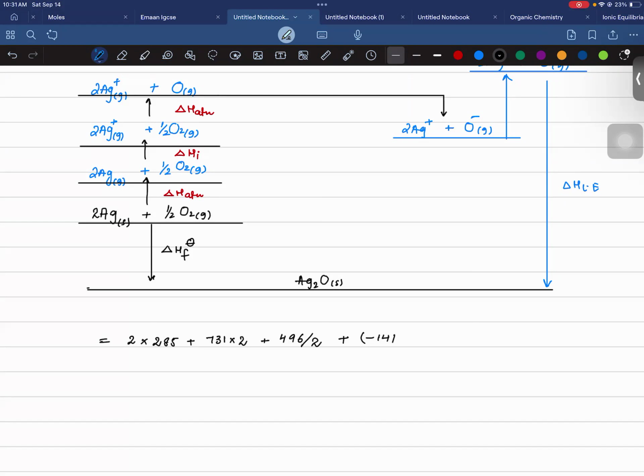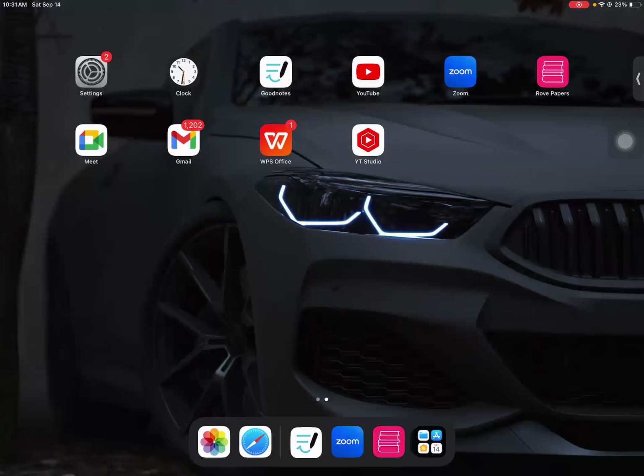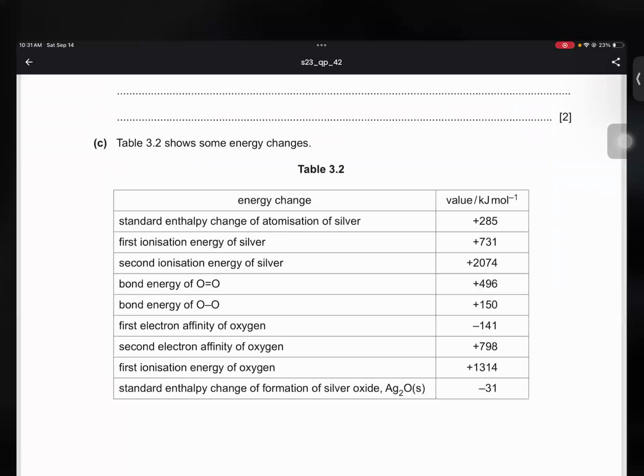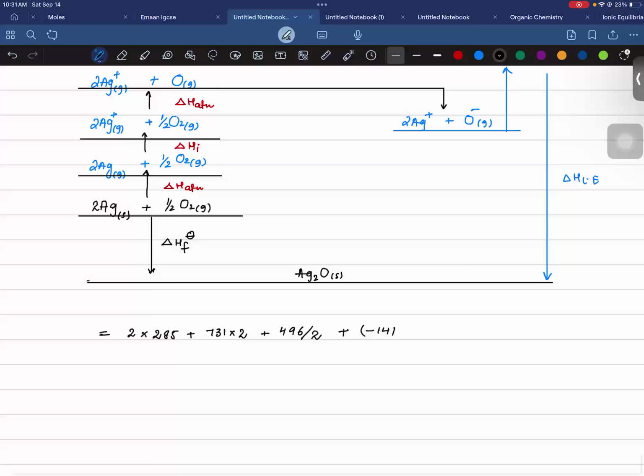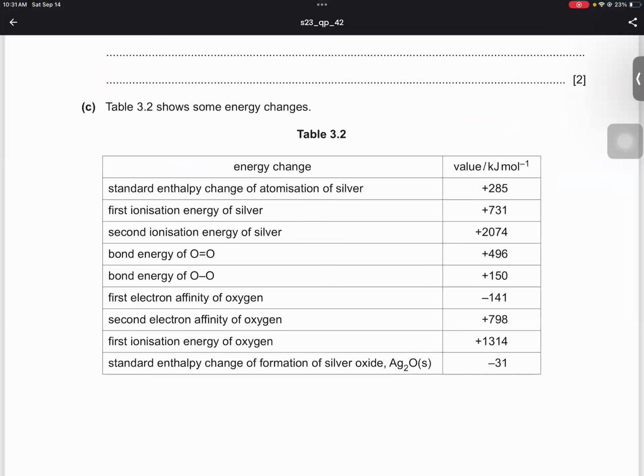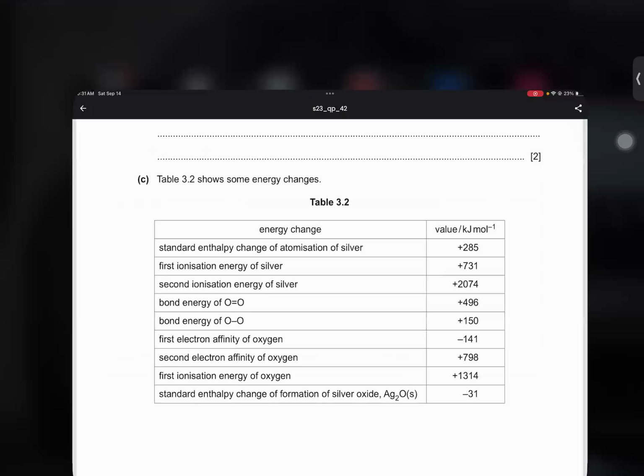The second electron affinity is positive 798. Lattice energy is unknown, that we have to find out. Obviously, the enthalpy change of formation is given to you, that is minus 31.